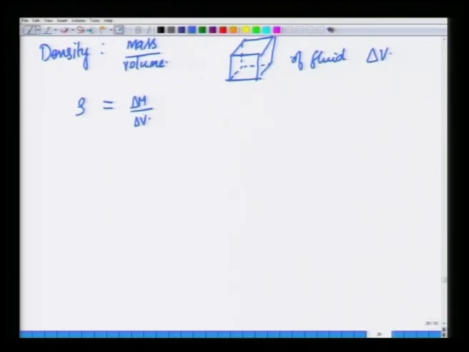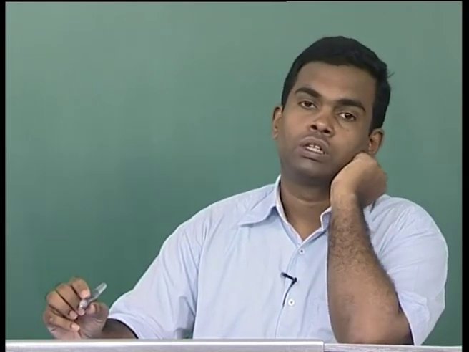Now, if I were to ascribe density to each and every point with respect to a coordinate system, I cannot obviously take a very large volume. I will have to take a sufficiently small volume.